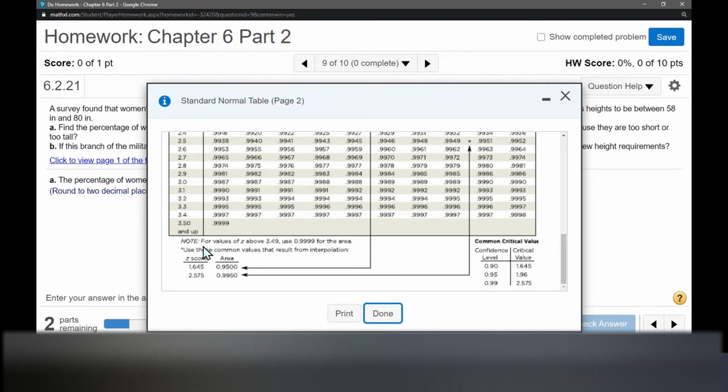Well, it says here, for values of Z 3.49 and above, use 0.9999.